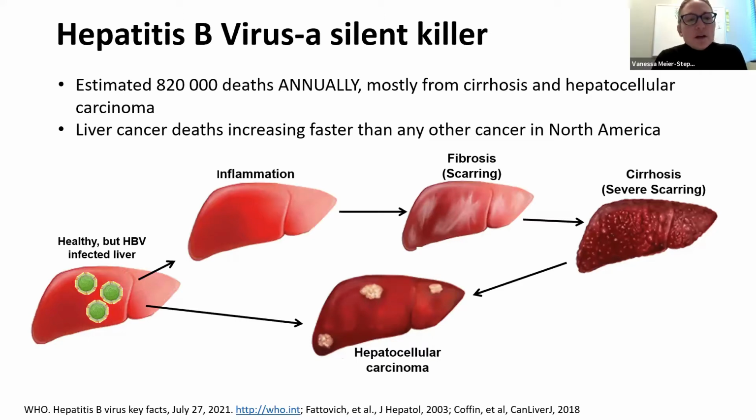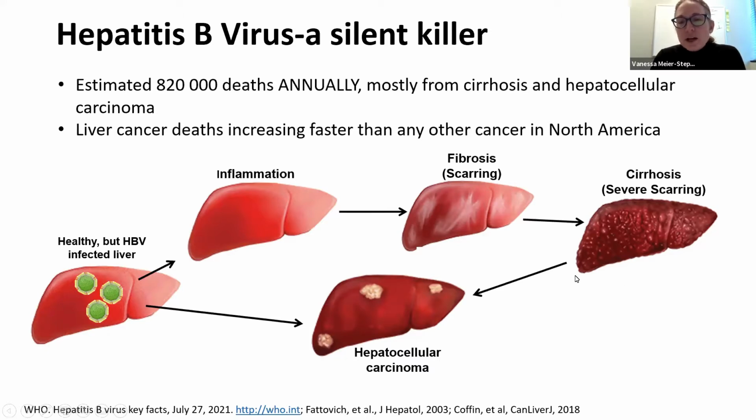You can have a healthy but hepatitis B infected, HBV infected liver that then goes on to have inflammation, and inflammation over time can lead to scarring or fibrosis, and that fibrosis can eventually lead to cirrhosis if it's untreated or unmanaged.